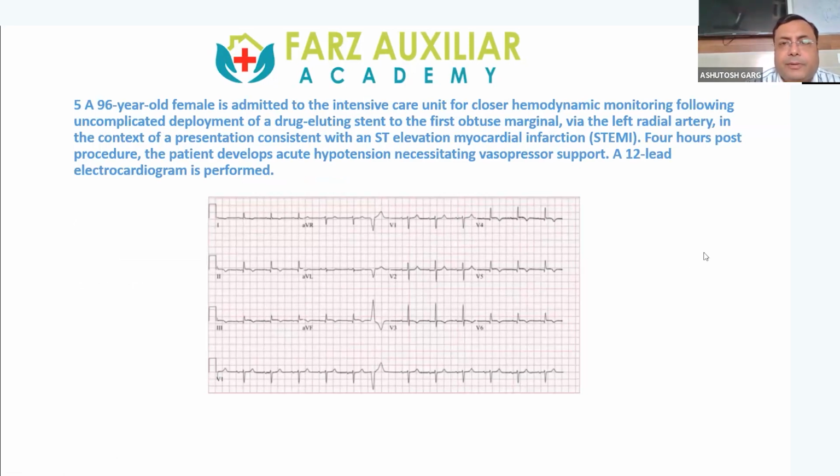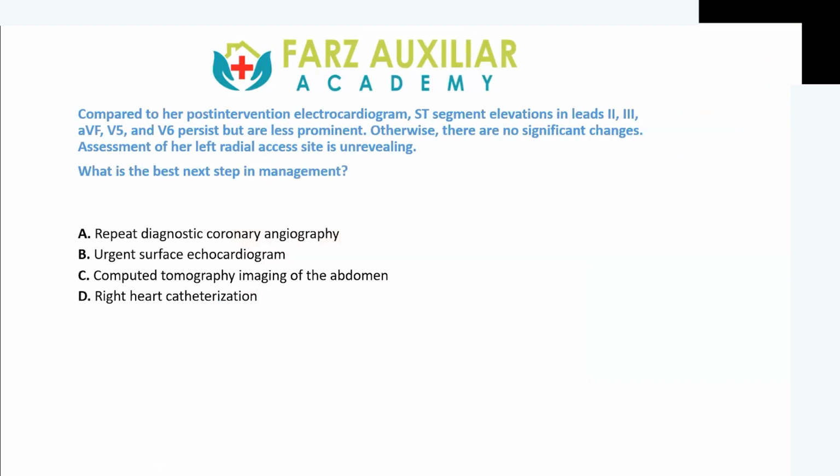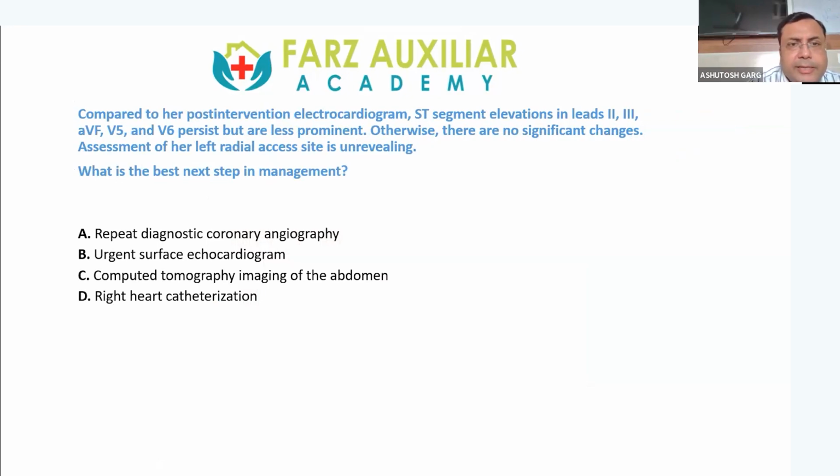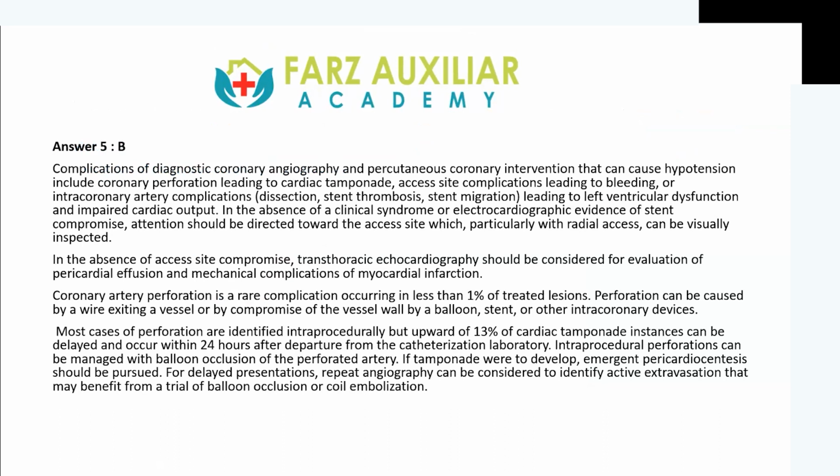So what are you thinking? Post angioplasty, 4 hours later the patient develops hypotension and needs vasopressor support. And this is the ECG. What is your take? Stent thrombosis again. Stent thrombosis. Okay. Any other thing? Inferior wall.